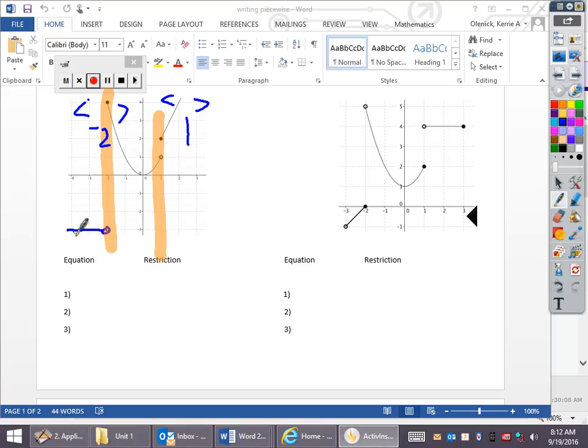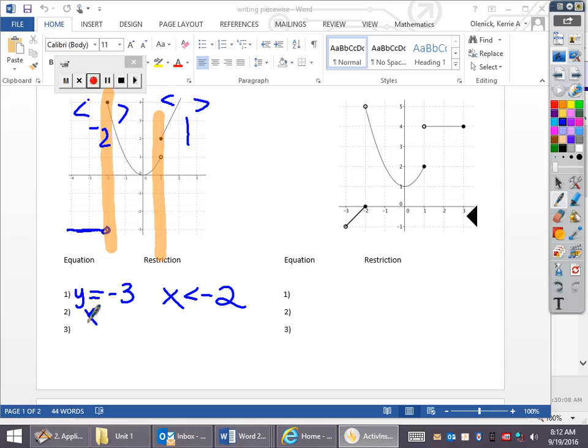This is a constant of what value? So y equals -3 when x is less than -2. Not equal to because it's an open circle, okay? All right, what is the equation of this graph?